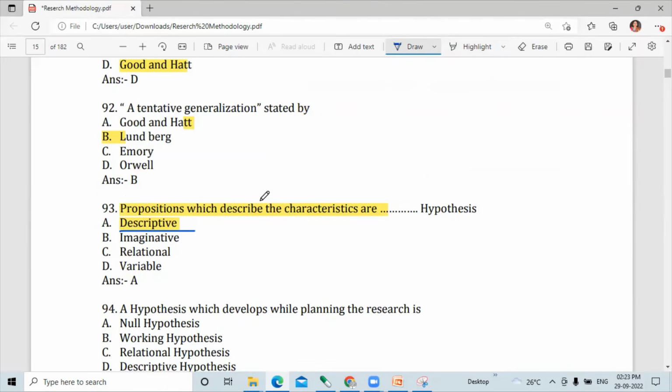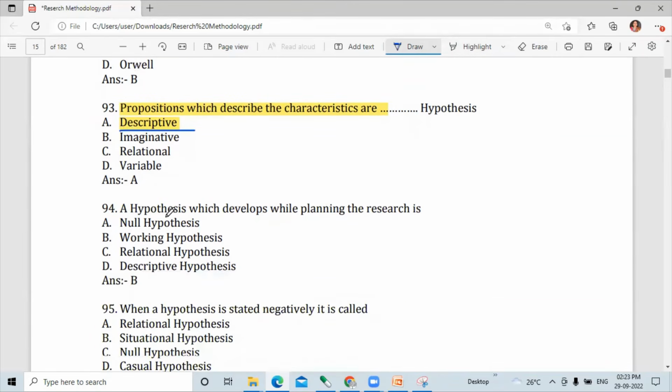Next question, a hypothesis which develops while planning the research is nothing but a working hypothesis. The answer is working hypothesis.